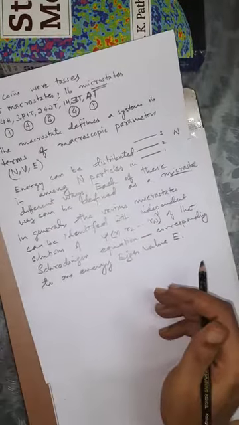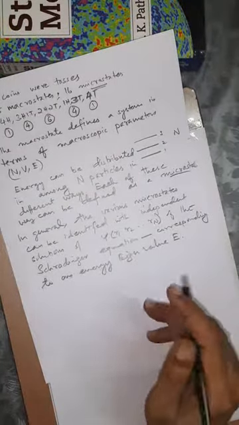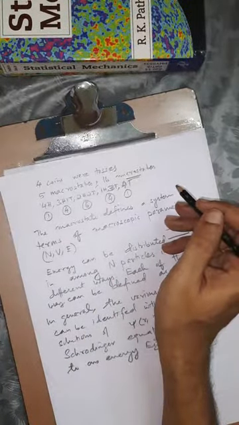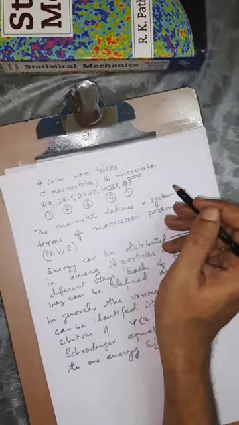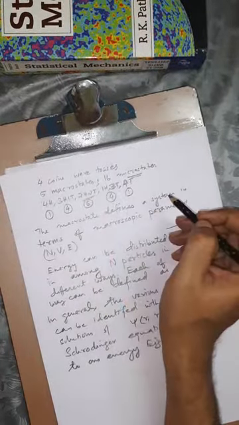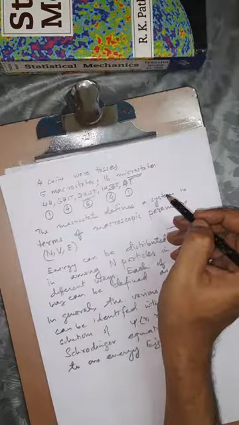Now you can ask me, so sir, in this example where we have 4 coins tossed, which is the equilibrium state? The answer is that here the 2H2T represents the equilibrium state. Right. Why?